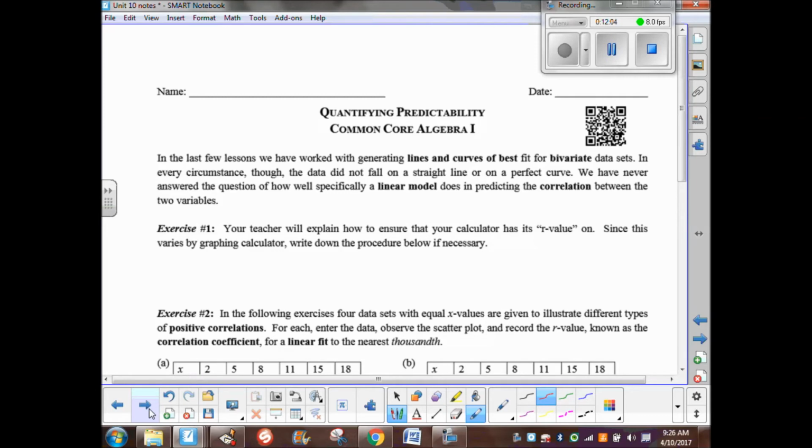All right, so quantifying predictability. Putting a quantity or a number to how predictable our information is. It says, in the last few lessons, we have worked with generating lines and curves of best fit for bivariate data, 2 variables.